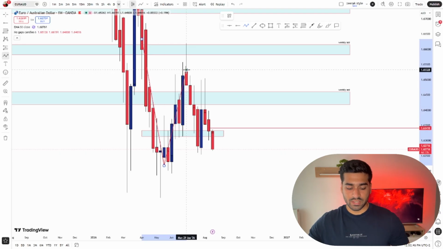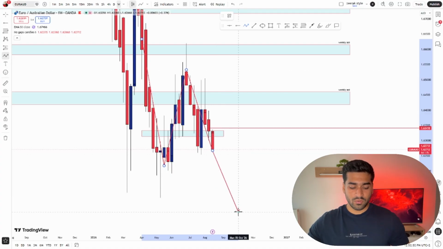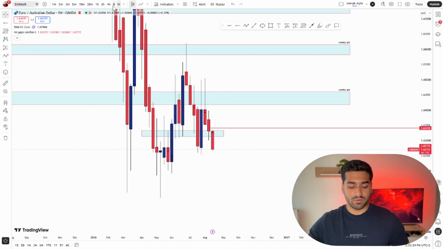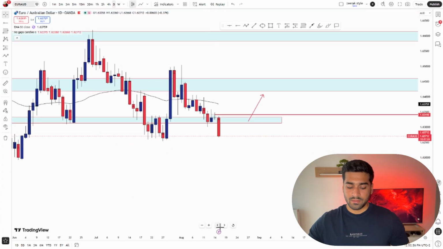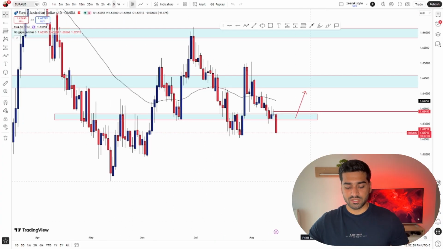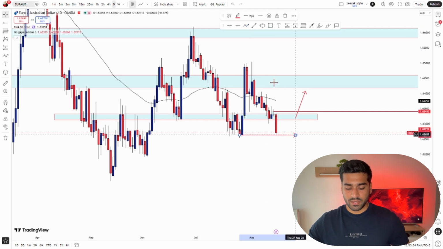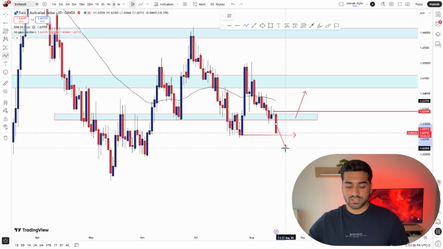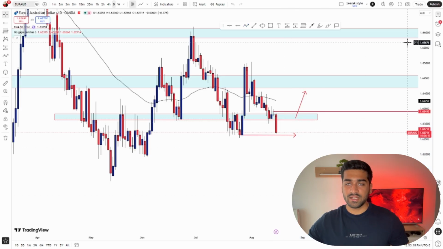What it needs to do is create a lower low. So it should not go up from here, it should go down. So I'm not interested in this pair, but still I will watch what will happen. If we close down, maybe below this, then probably I will look for this area to then short the trade down. But right now I'm not interested. Let's see, maybe next week.